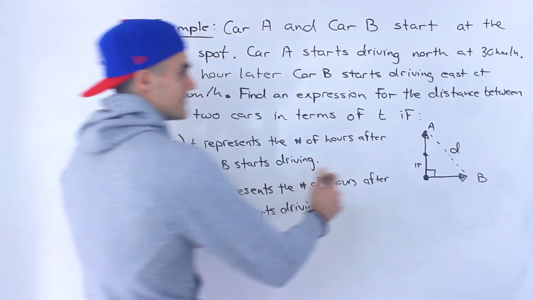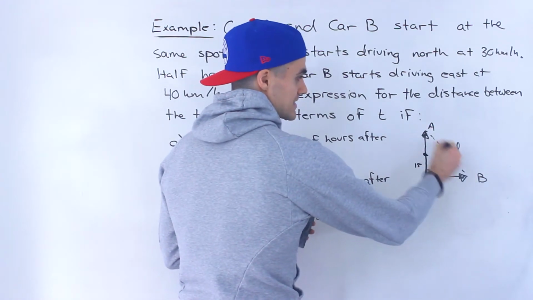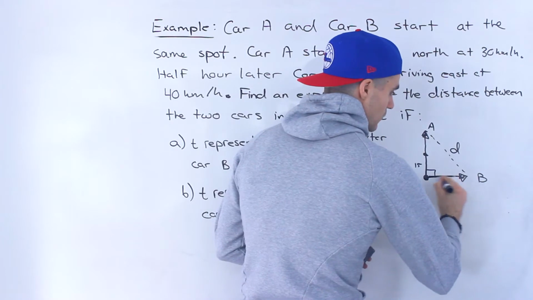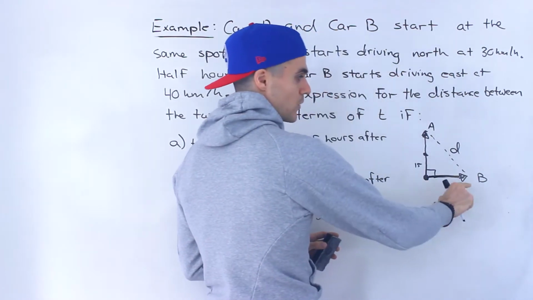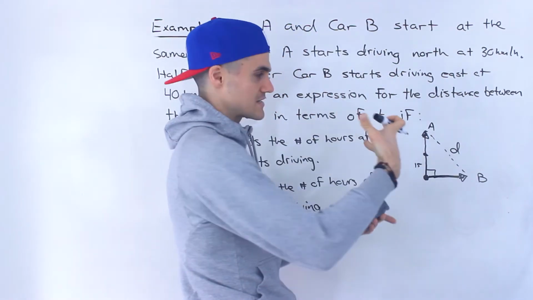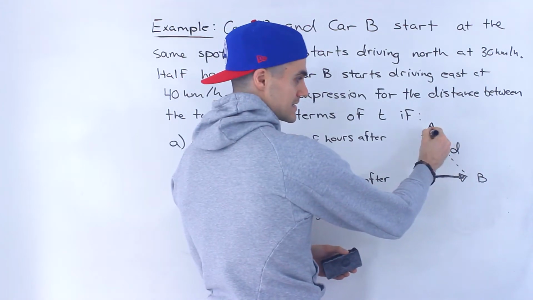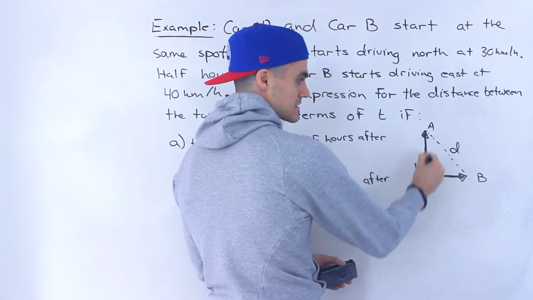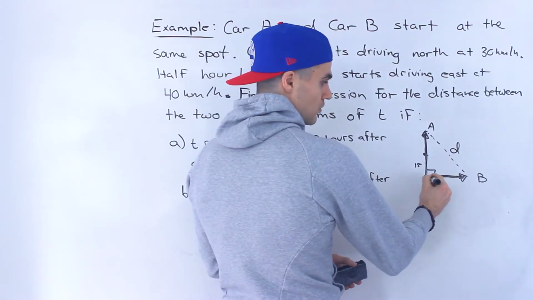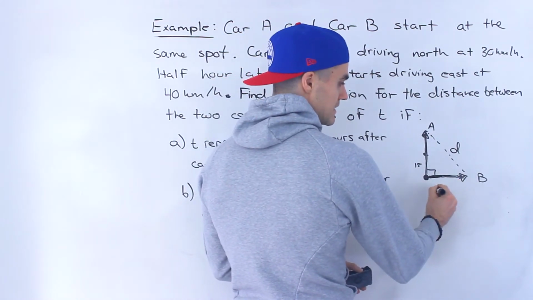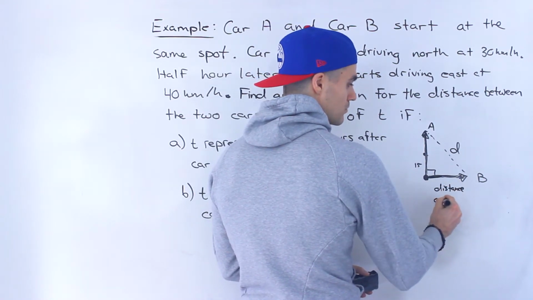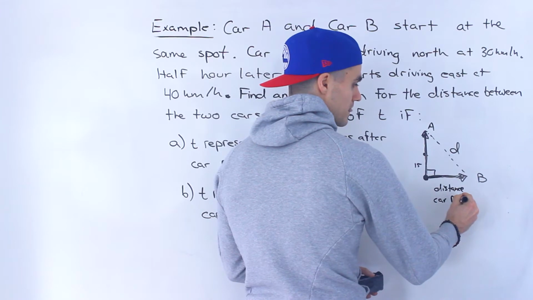So notice that this here represents the distance, right? And so this has to be a distance as well. Everything has to be in terms of the same unit. So this is going to be a distance, this has to be a distance, and this has to be a distance as well. So this here is going to be the distance that car B drives.